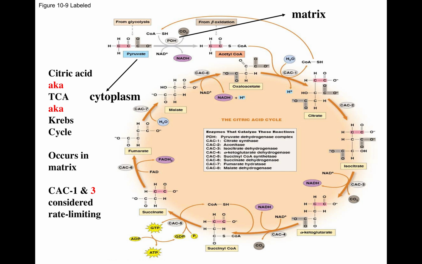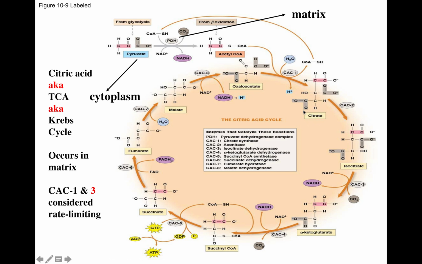Many coenzymes are vitamins. Coenzyme A plus acetyl group gets added to a 4-carbon group here, 1, 2, 3, 4, oxaloacetate, to make a 6-carbon citrate.